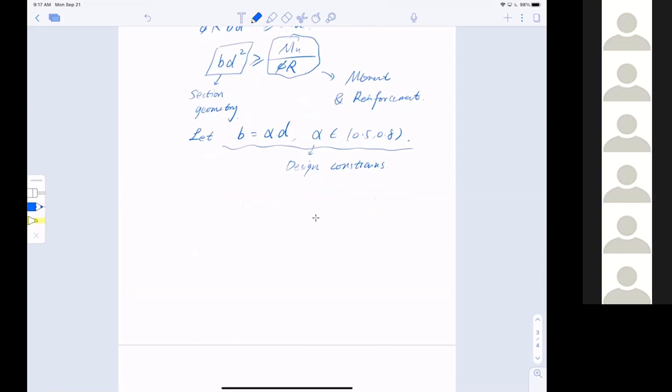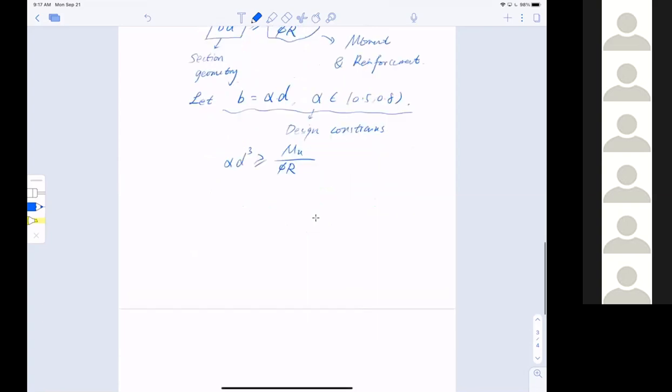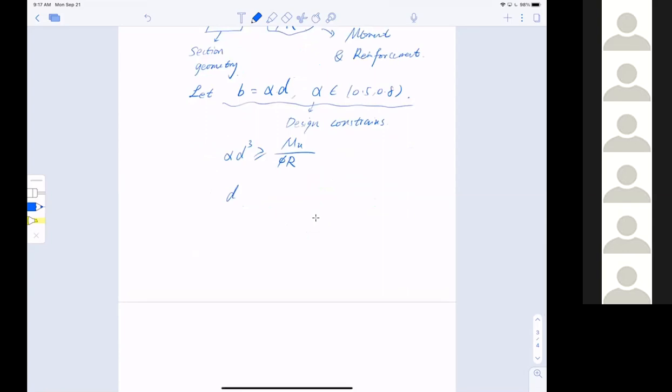So I can convert my equation to alpha D cubed greater than or equal to Mu divided by phi R. So D, which is the depth, has to be bigger than or equal to Mu divided by phi R alpha, to the power of 1/3.